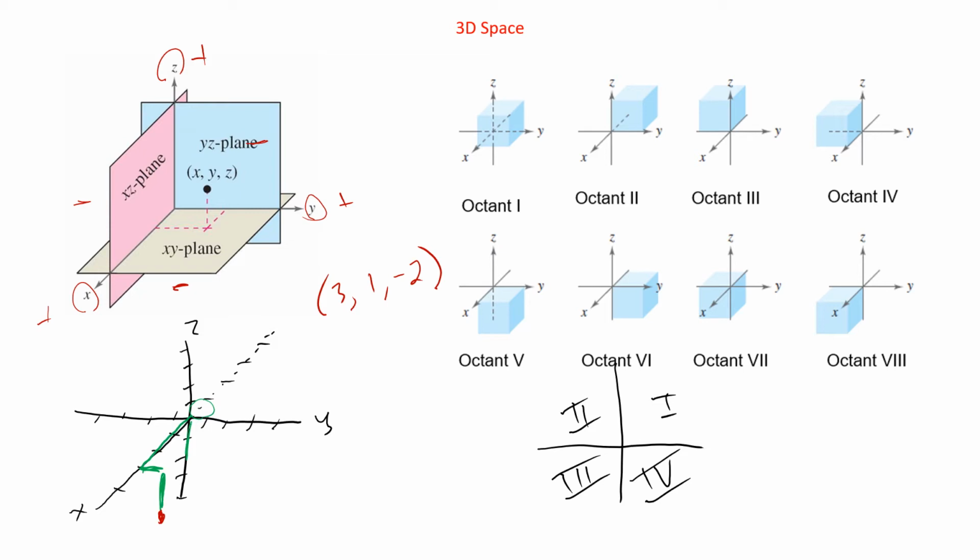Quadrant 2, x is negative, y is positive, z is positive. And then etc. Quadrant 7, they're all negative. And so sometimes it'll ask what quadrant it's in, and you can just see those. And again, it's the same as, or what octant, it's the same as the quadrants, except that z is positive or negative.